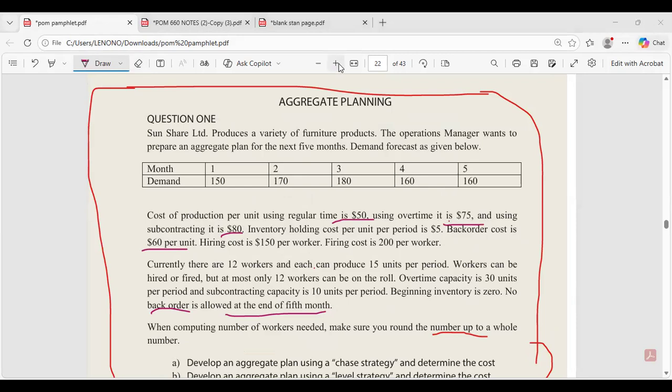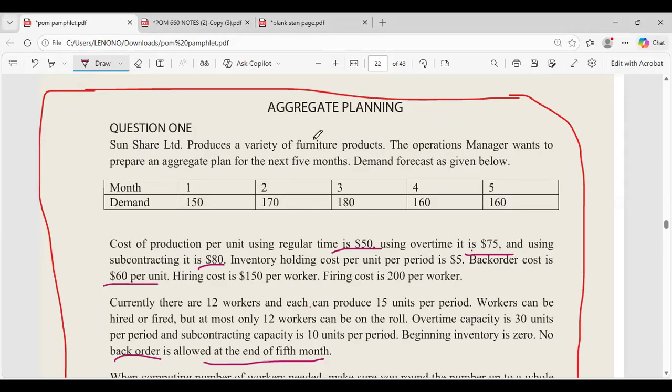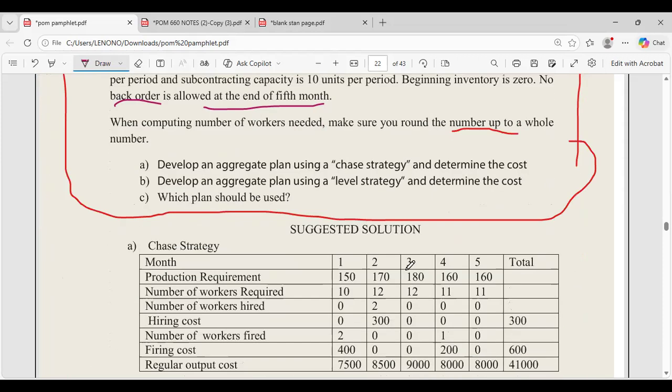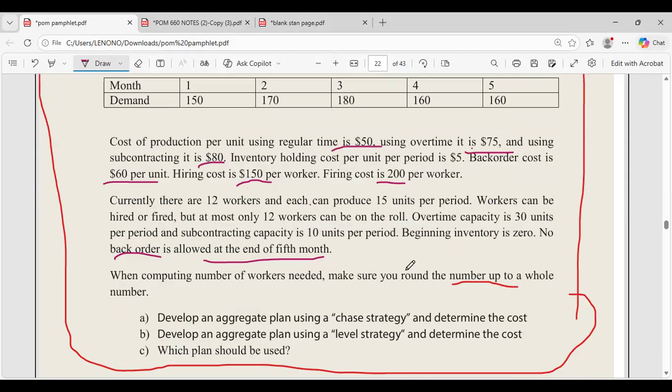So the back order cost is $60. The hiring cost is $150. Firing cost is $200. And ordering cost is $5. So this is what they want us to examine: chase strategy.